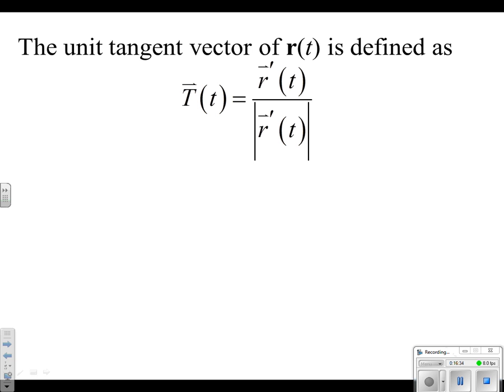The derivative is tangent to the curve. But this is the unit tangent vector. So we're going to take that r prime and divide by its magnitude. So the unit tangent vector, big T, is equal to r prime of t divided by the magnitude of r prime of t. It goes in the direction of r prime, but we're dividing by the magnitude so that it is the unit vector.